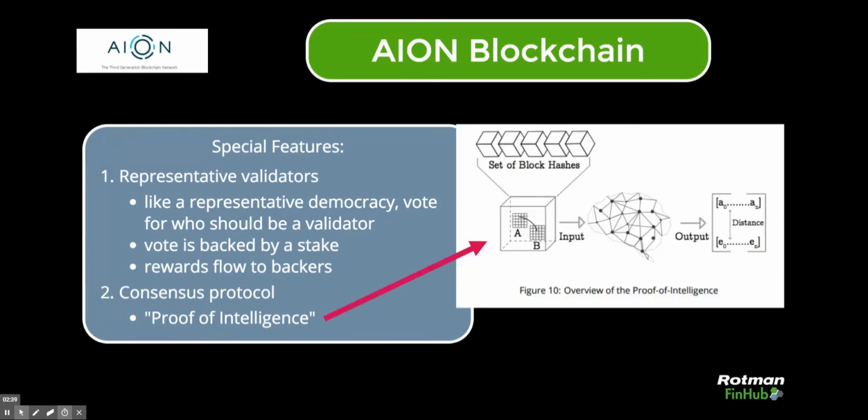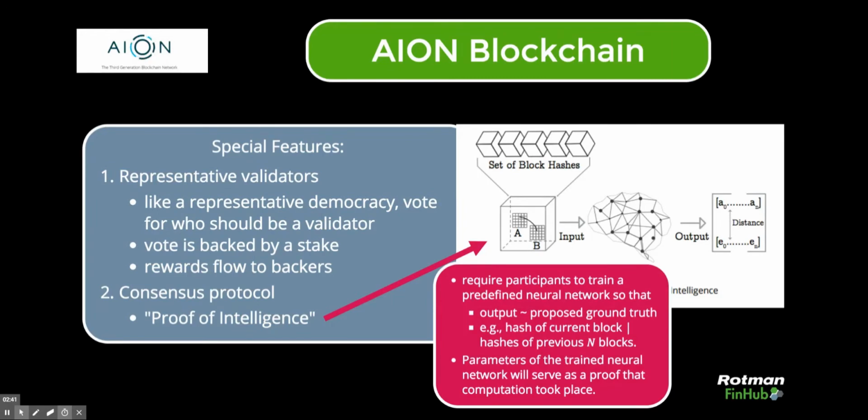Now, how does that work? Well, it's a little bit messy. I'm not entirely sure because I'm not an expert on this, but my understanding is as follows: the network participants are required to train a neural network such that when you have an output, it's approximately the same as the proposed ground truth.